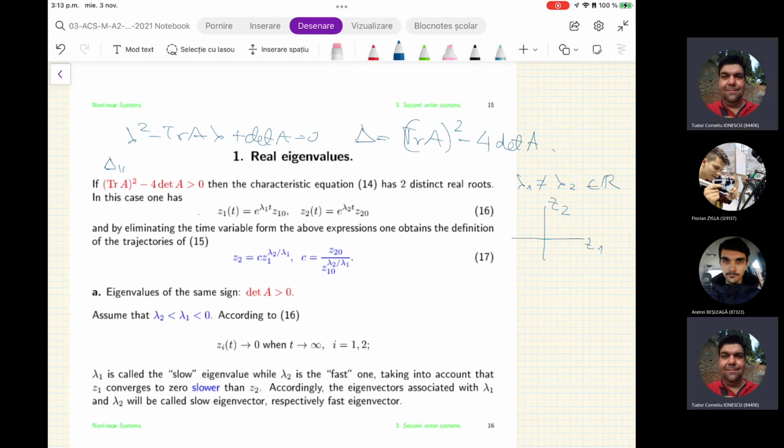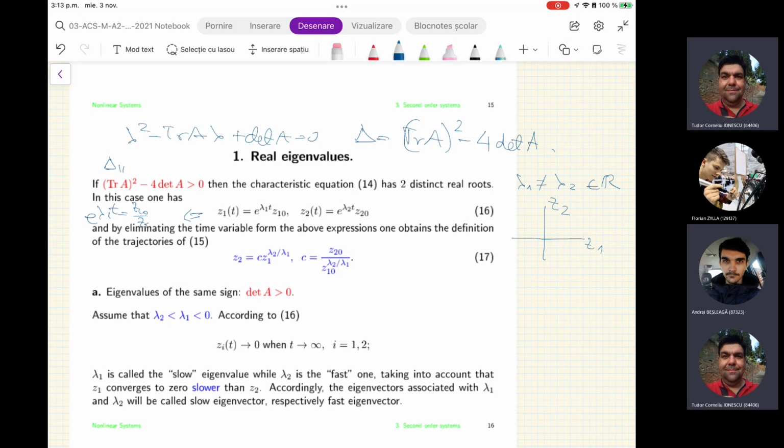From the first equation, you get that e to the lambda 1 t is z1 naught over z1. I think the other way around.